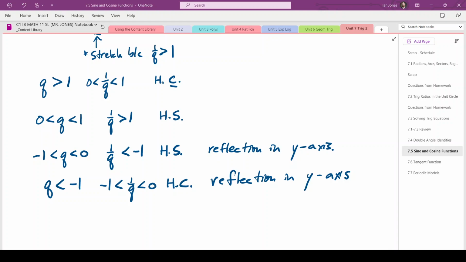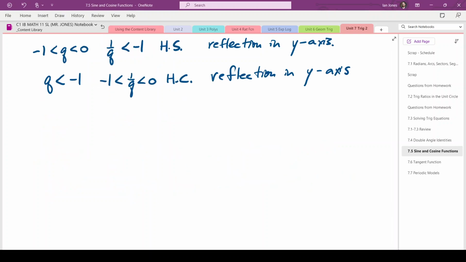Let's look and see what this means in terms of the period of the function. So the period, again, is how long in the x direction it takes to get one full cycle. I'll write that down: how long in the x direction or theta direction.